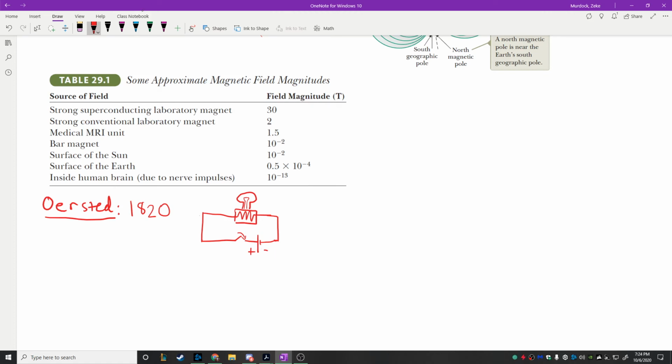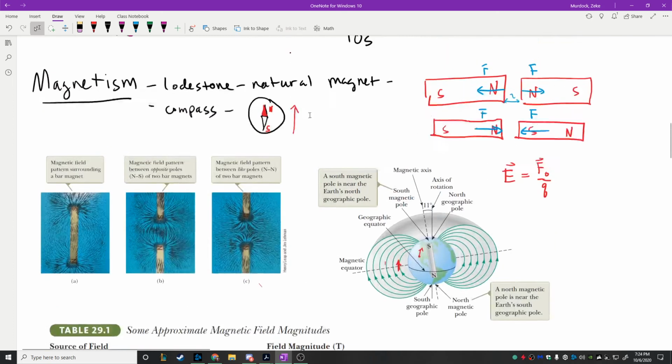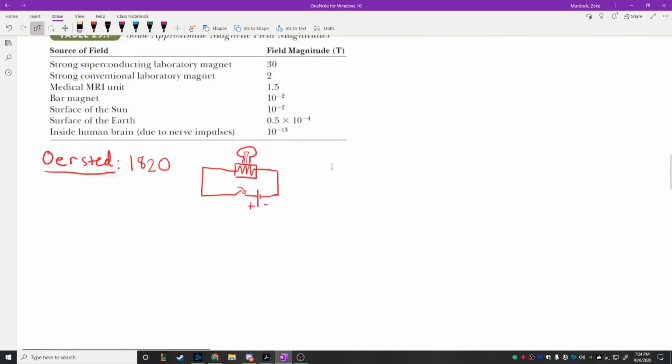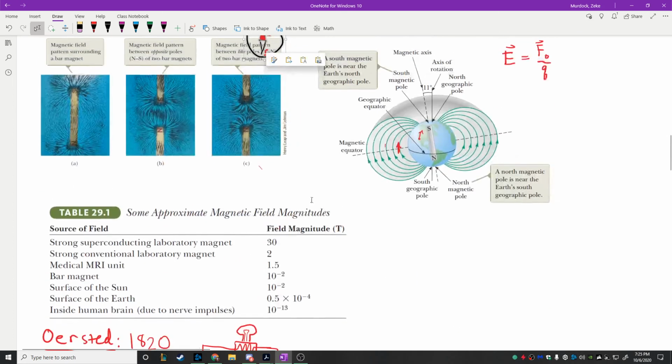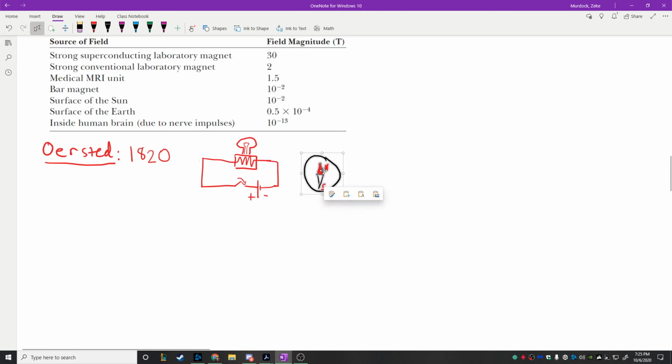The interesting part was that he happened to have nearby a magnet, so we'll just copy our magnet from right here. He happened to have nearby a compass.